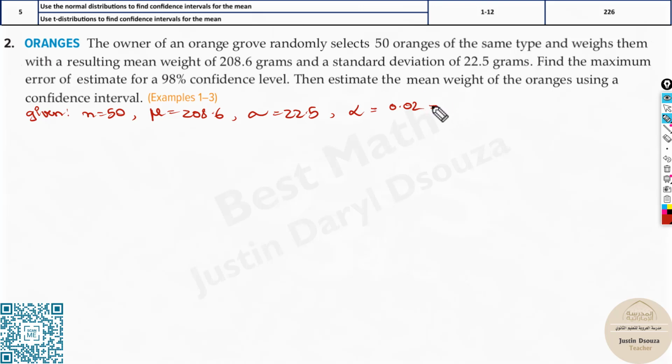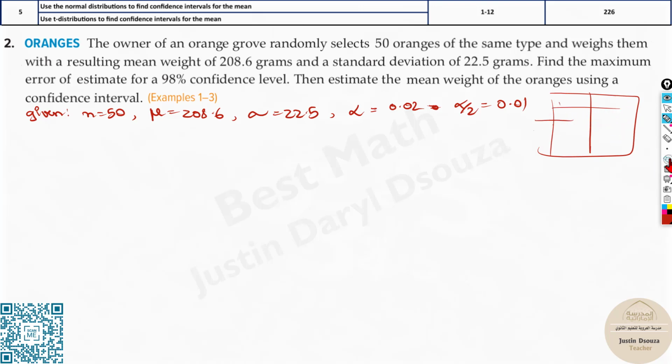And alpha by 2 is equal to 0.01. Now you do not need to do this because you will be given a table directly. You can find the value over here. They'll generally give you the table for the confidence level itself. But if you had the log book, where all these values need to be found out, then the exact value will be matching, and then you choose the value.